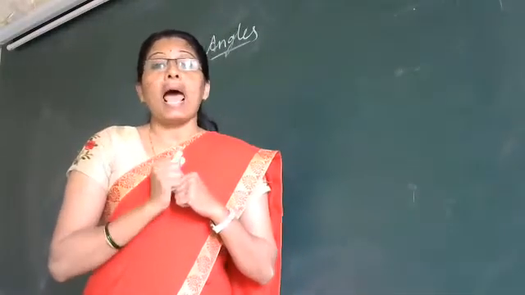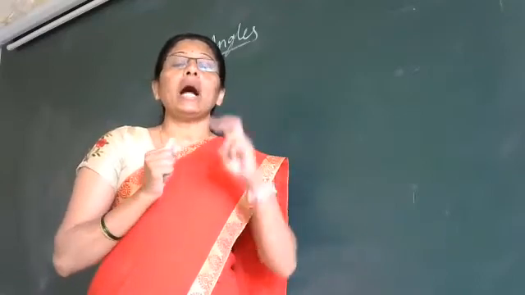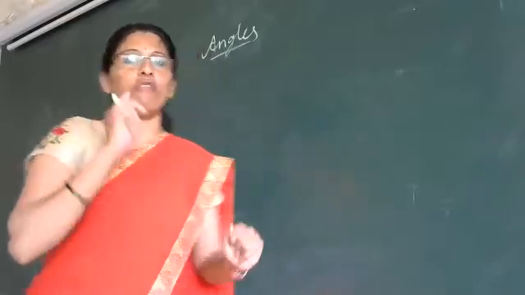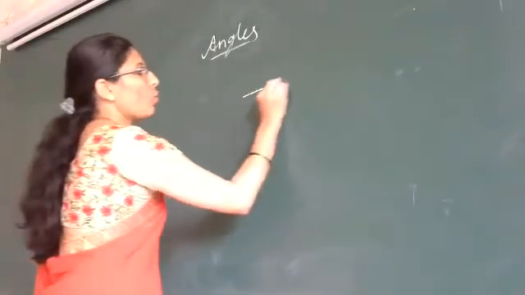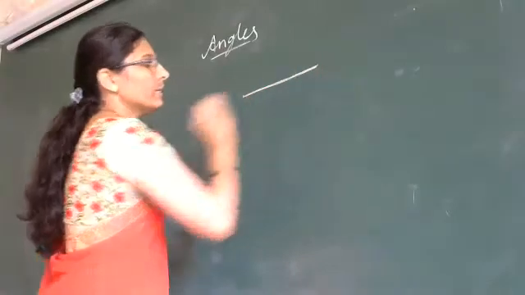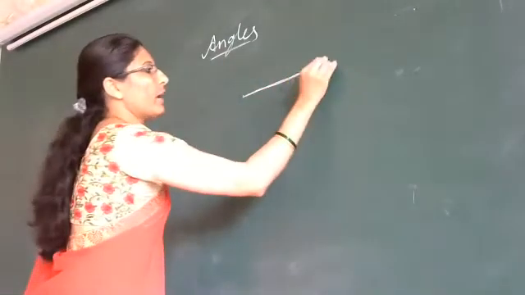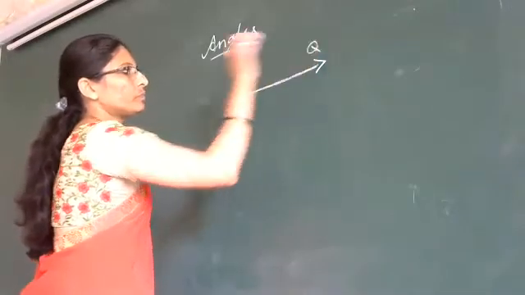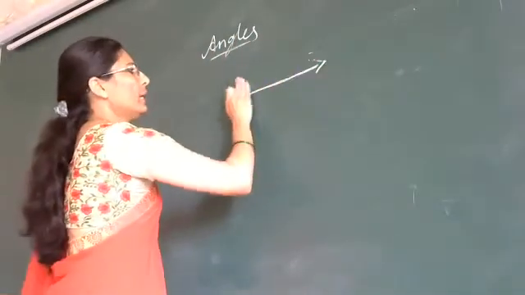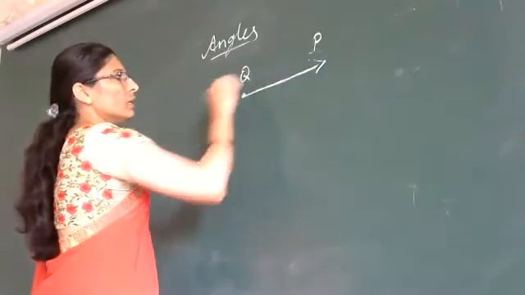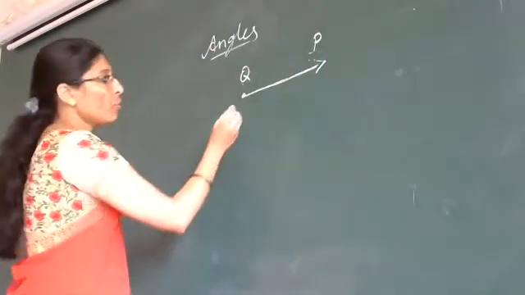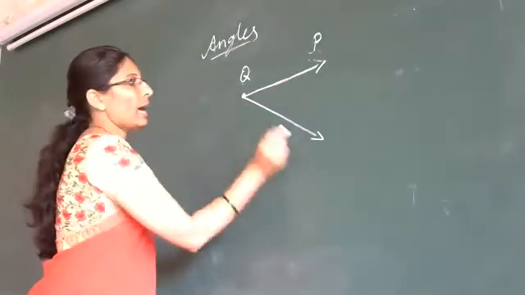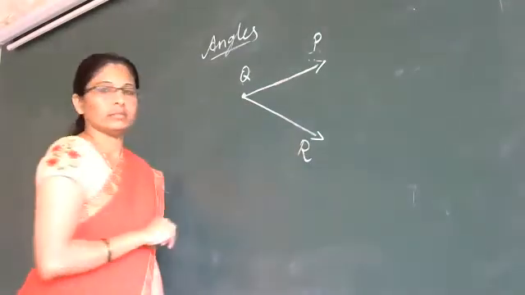Angles are made by joining two rays. Now we know this is one ray. If I say this is ray PQ, I will join one more ray to it. Yes, I have joined one more ray.